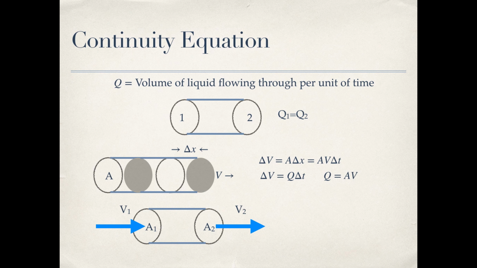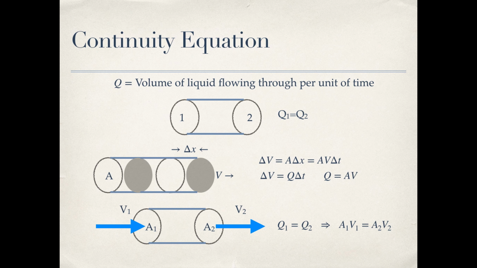So if I have a pipe which has a different area on the inlet and a different area on the outlet, then of course the matter which goes through is still the same, but the product of A times v here and in here are different because the areas are different.